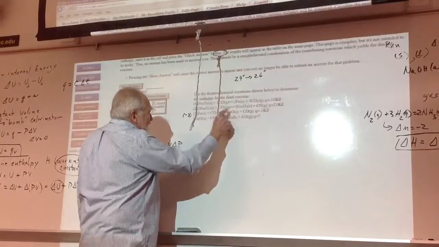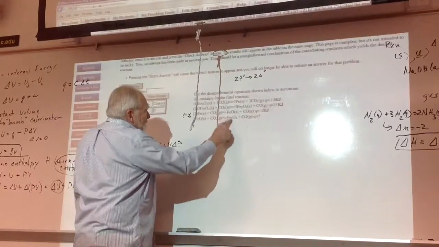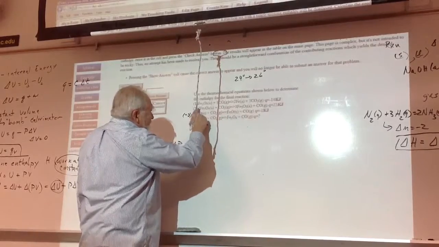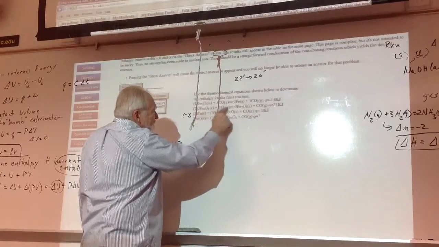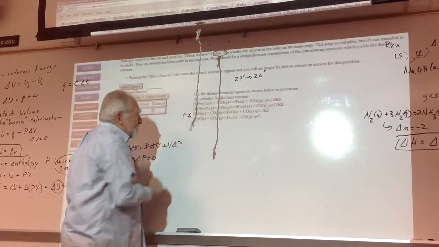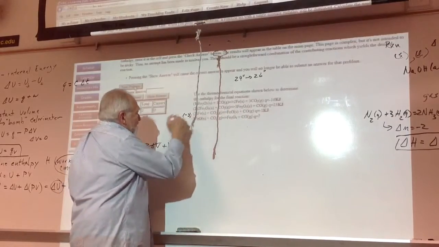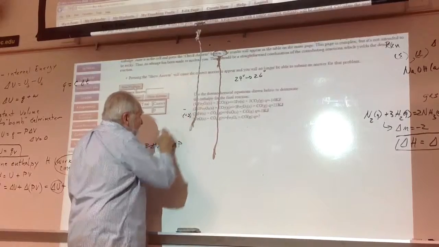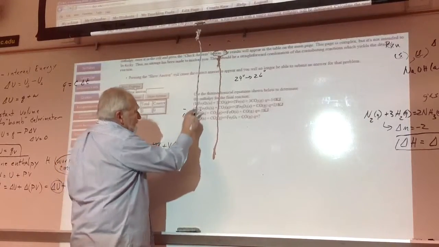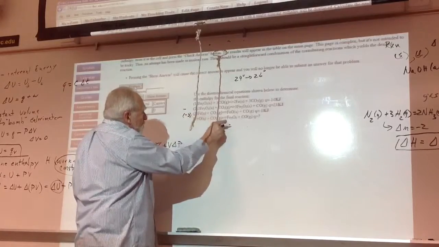We already took care of one of these things. We look at Fe3O4. None of it here. Oh, there's Fe3O4. And there's none here. So we can work with Fe3O4. Again, it's on the wrong side, so we need to reverse it, so we put a minus. And it has the wrong coefficient. It has a 2, and we want a 1.